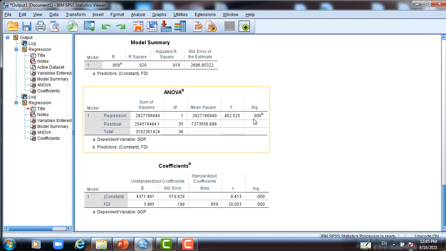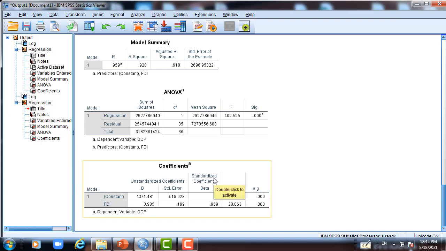We look at the third table, as you can see here. Okay, the third table is the coefficients. This is the third table, the coefficients, and the constant with the coefficient. Coefficients provide us with information on each predictor variable.